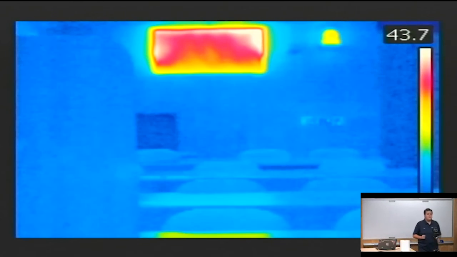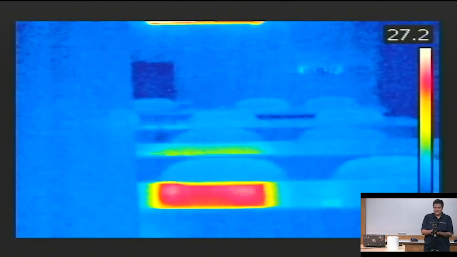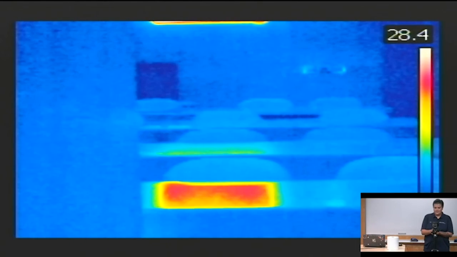So immediately, we can actually see the TV screen in the back of the room. And if I point down, it's kind of cool, you can see the reflection. In reality, there's nothing physically there, but we are seeing the reflected light from the TV off of the table and into the camera.